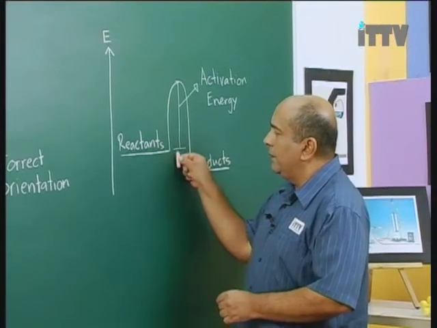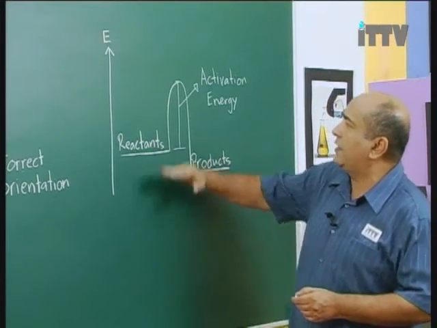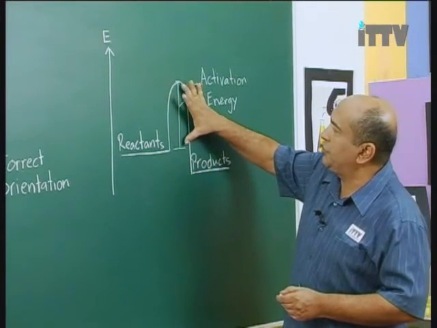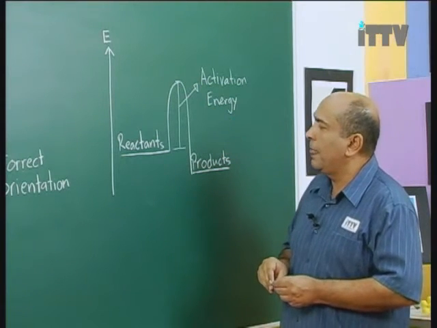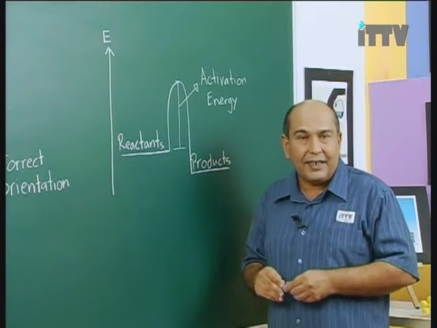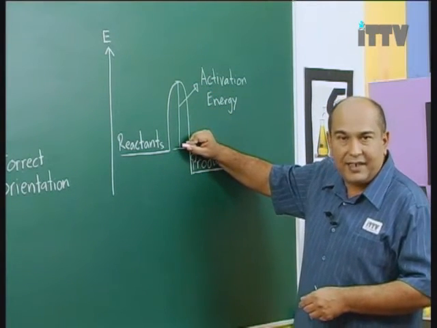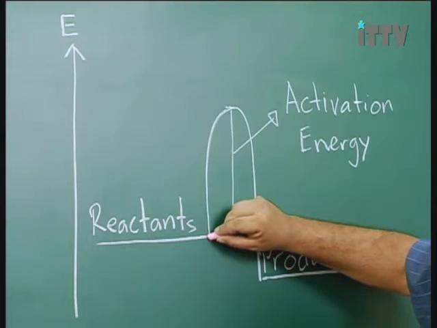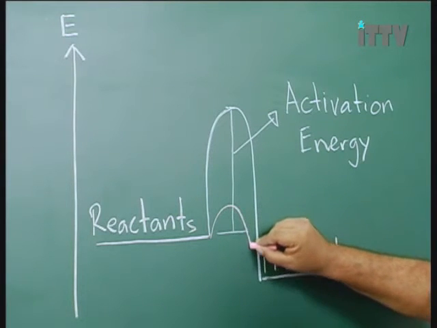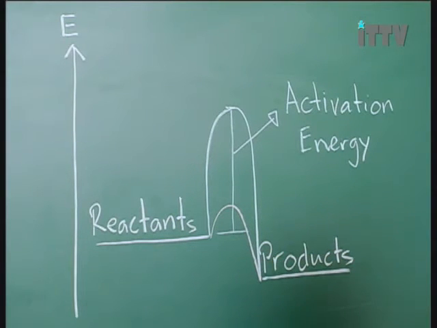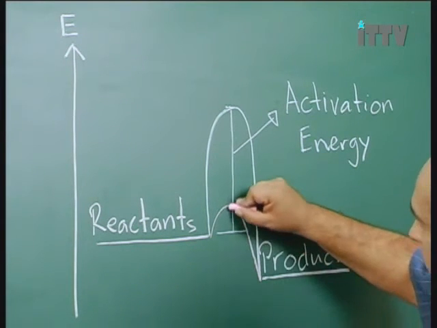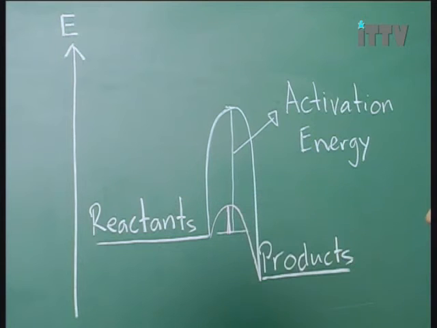So, over here, we have our graph of activation energy. The activation energy is up here. But if you use a catalyst, what happens is this value becomes less. So what you get is a curve that goes up and then comes down here, which means that the activation energy with a catalyst is only this value here.